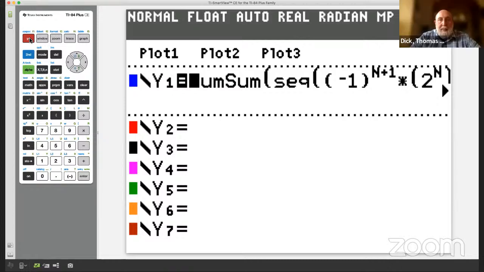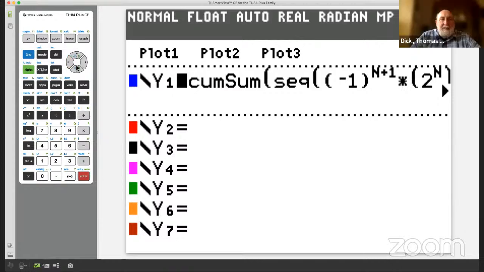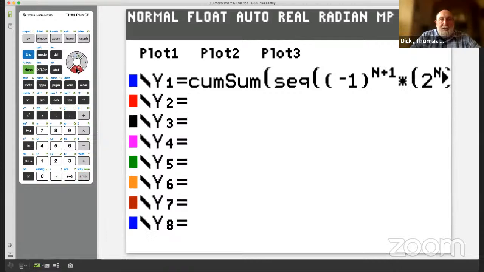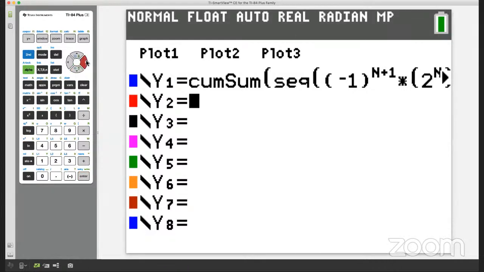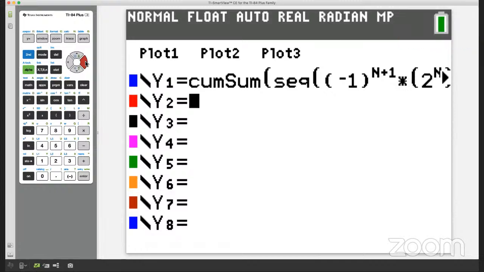I'm going to leave this one in there. I turned it off so we won't graph it again. So in Y2, let's do the problem.